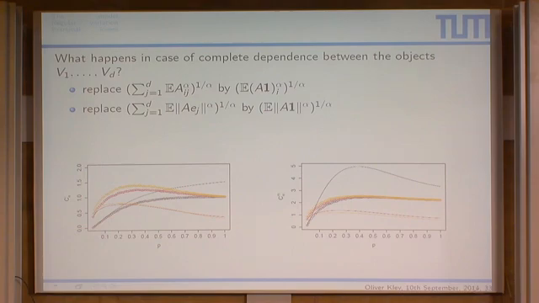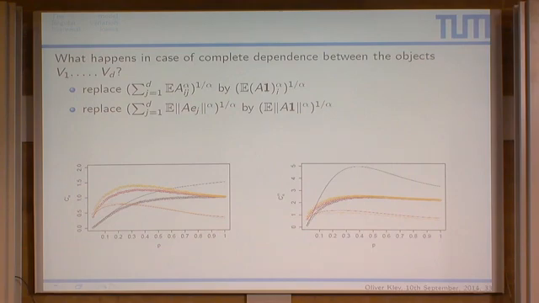Then one could essentially prove all the same theorems and propositions and corollaries, essentially by replacing this constant by that constant and this constant by that constant, because in the case of full dependence, your spectral measure is concentrated on the diagonal. And this bold 1 just means the vector 1, 1, 1, 1, 1.